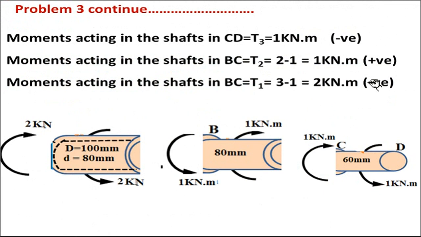Now I have shown the calculation here. Torque in T3 will be 1 anti-clockwise, then here 1 clockwise, then here 1 anti-clockwise, and here applied is 2. From this 2, the 1 should be deducted, so in the middle portion only 1 kilonewton meter is acting, that is positive.